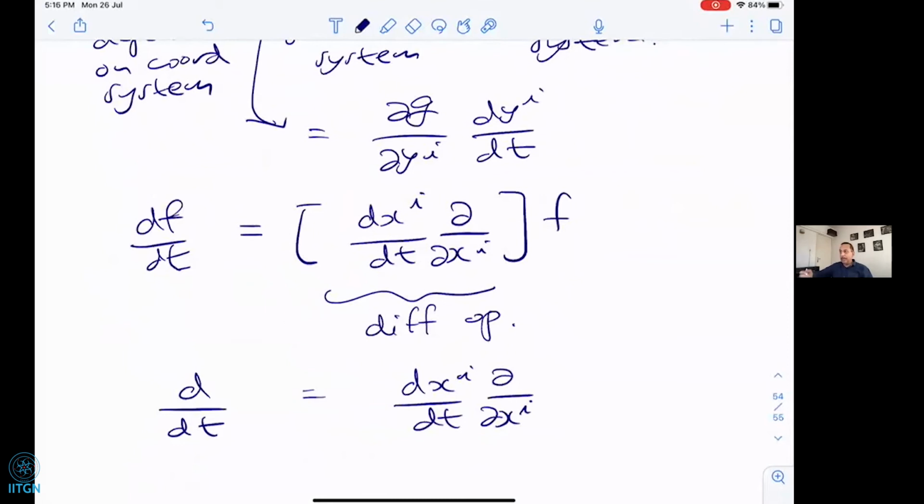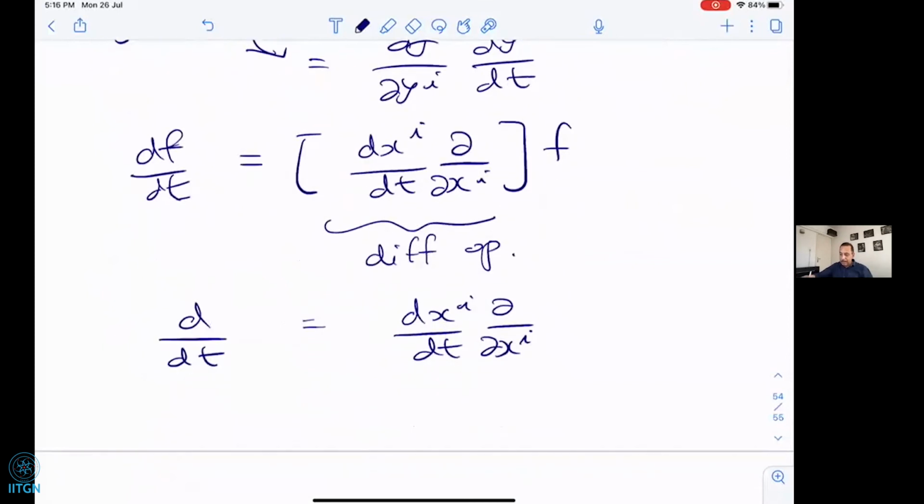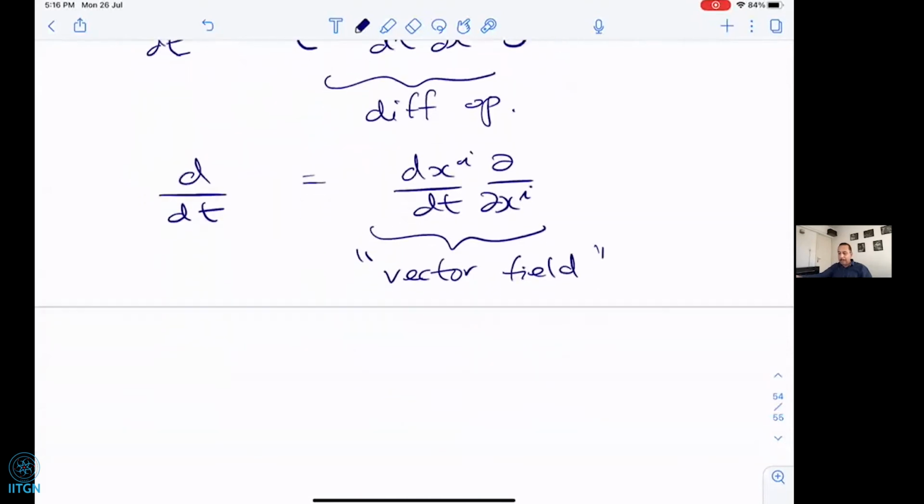What we can basically say then is that this thing is called a vector field. It's basically a differential operator which, when it acts on a function, will transport that function along my given path. Okay, and this is nice.